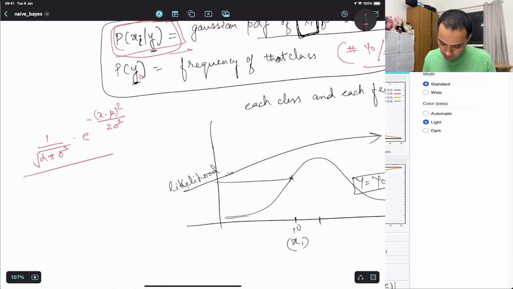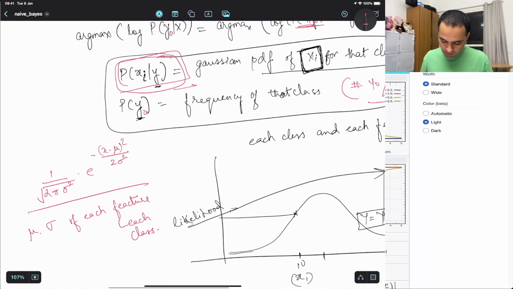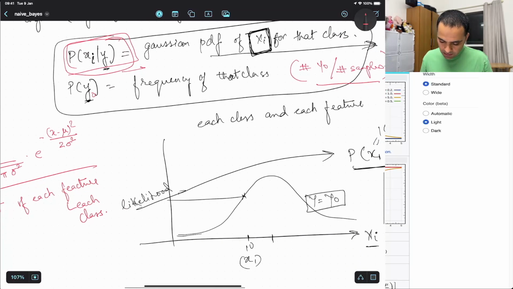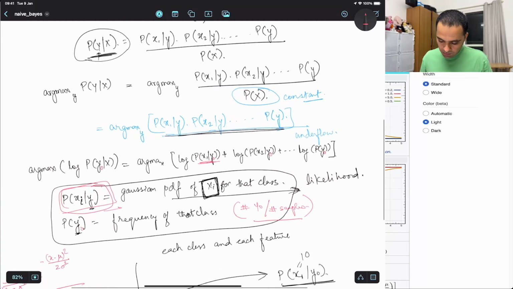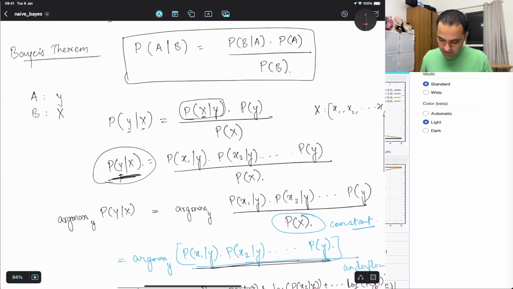To do this, we'll need to calculate sigma and mu for each feature, for each class. This is how we'll fit our model. Once we have these, we can do the predictions. I hope this is clear to much extent.